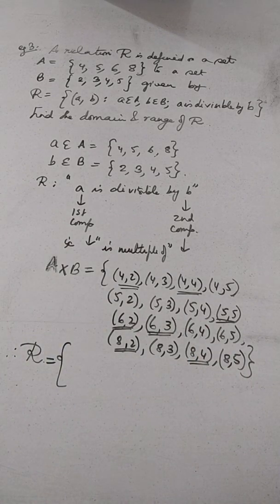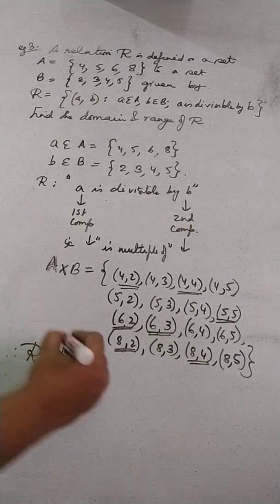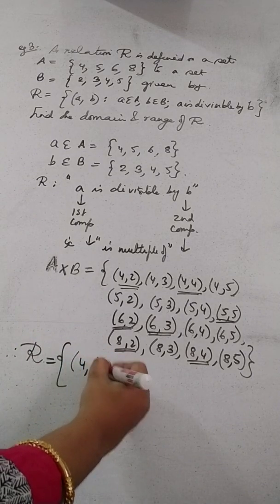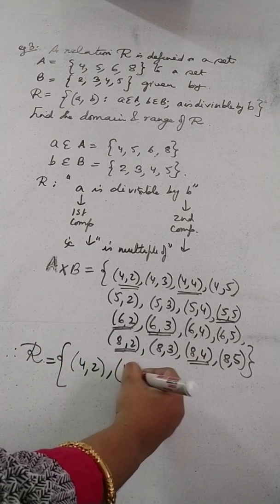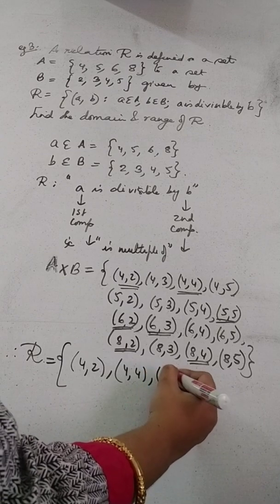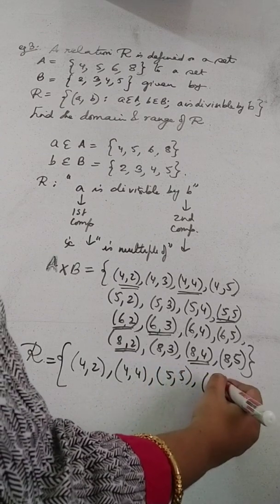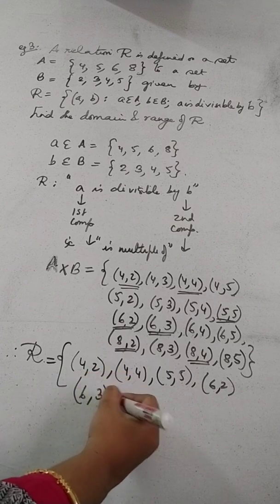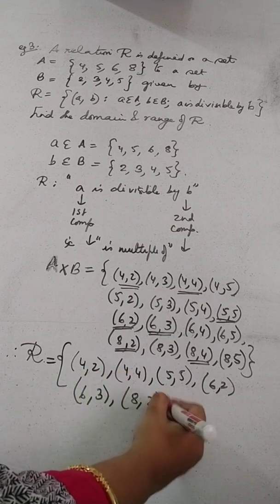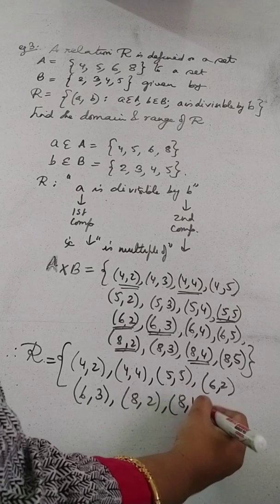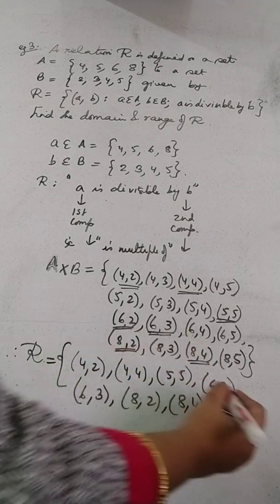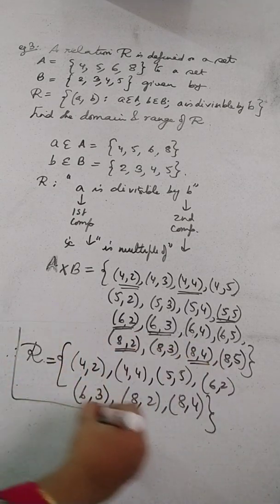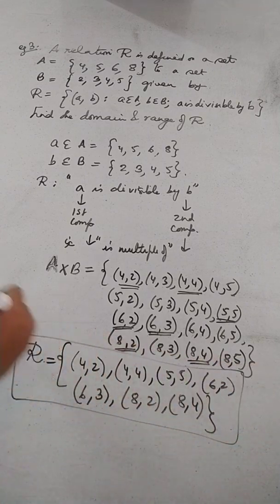So these are the pairs that I will take: (4, 2), (4, 4), (5, 5), (6, 2), (6, 3), (8, 2), and (8, 4). This is the set R.